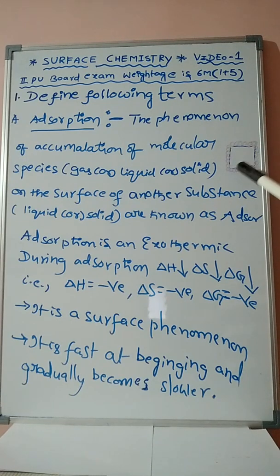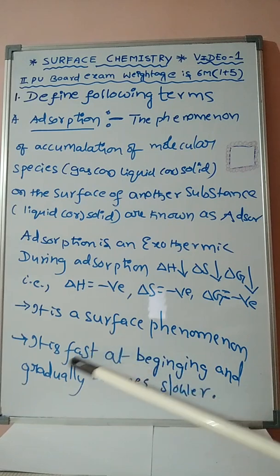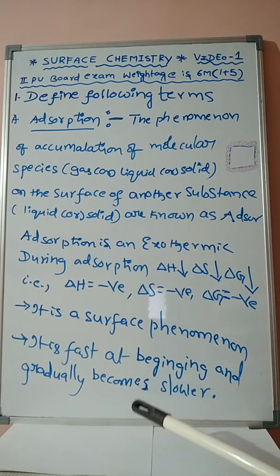Hence, space is not available, and as the surface is completed, the substance is not adsorbed. That's why the adsorption process is fast at the beginning and gradually becomes slower. Copy this, student.